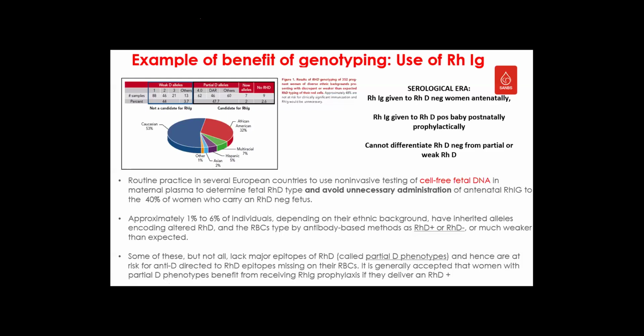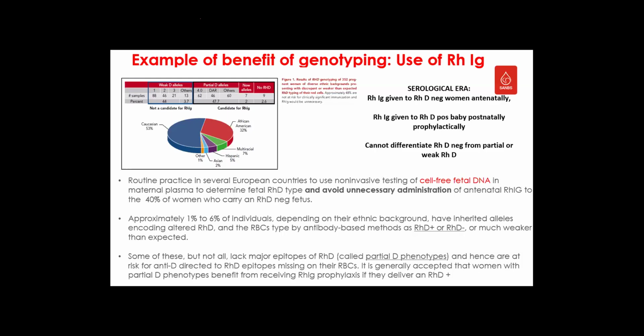So within the RhD group, there is a subpopulation that is either a weak D or a partial D. The weak Ds are not candidates for rhesus immunoglobulin, while the partial Ds do lead to allosensitization and are candidates for rhesus immunoglobulin.